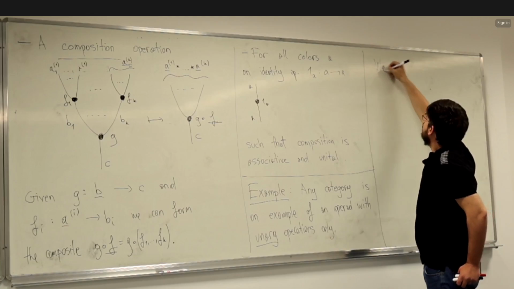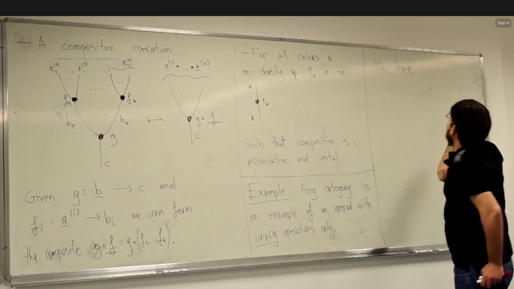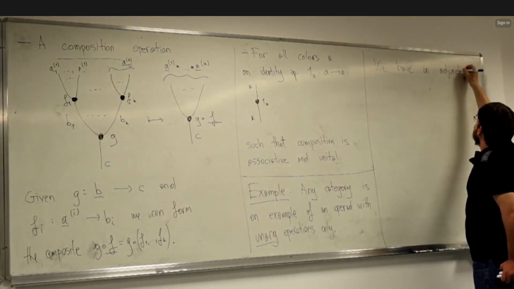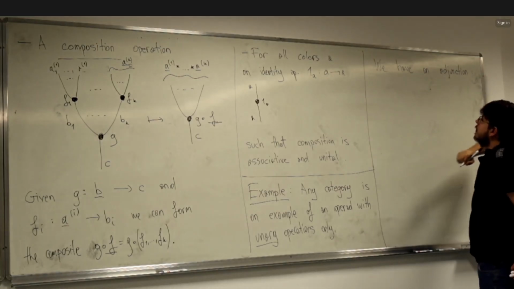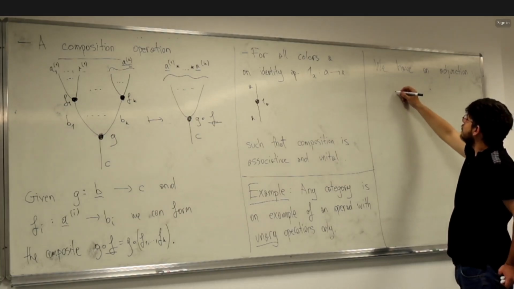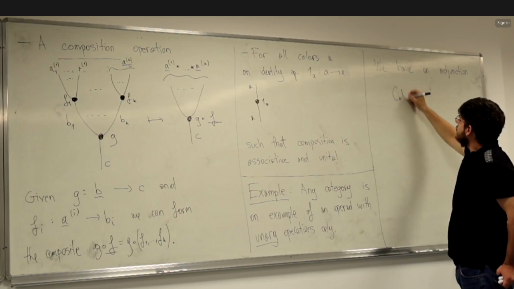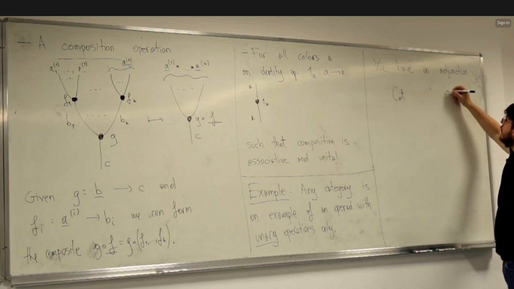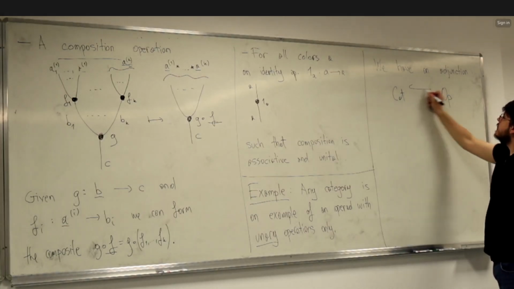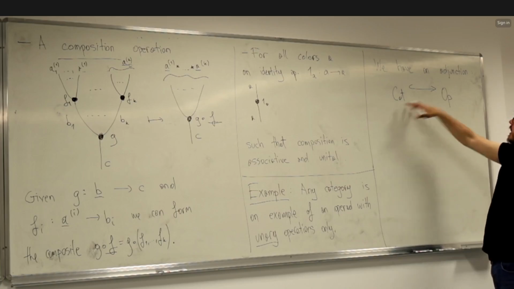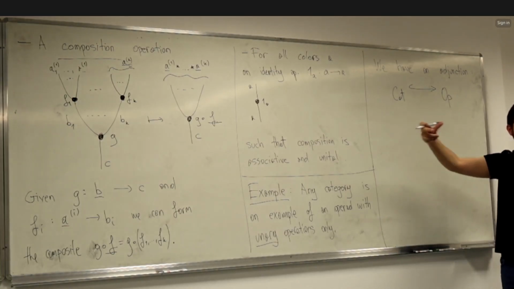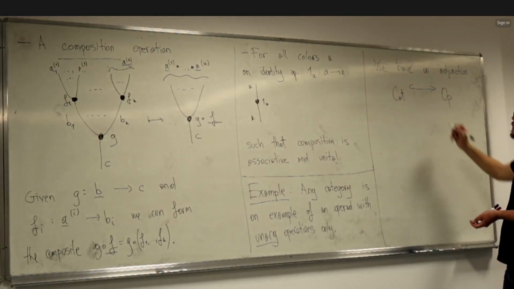we have an adjunction. I don't remember which one is left or right, but let me write it down. So we have categories and we have operads. And we have this inclusion here, which sees every category as an operad where every operation has a single input. That's what we are generalizing actually.